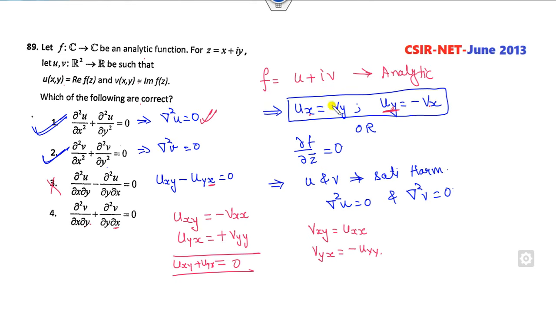U of y is plus. So if you add them, it will not be 0. But you can see, if you subtract them, then it will be 0. So this is the correct option. And from here, if you subtract them, it will be 0. So they are equal, but it said the sum will be equal, so it cancels out. A, B and C are the correct options.